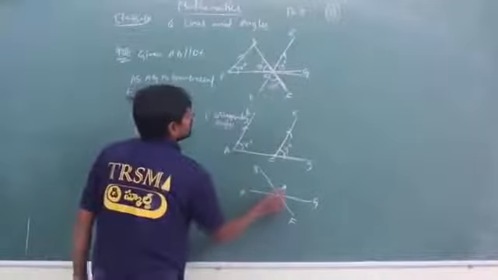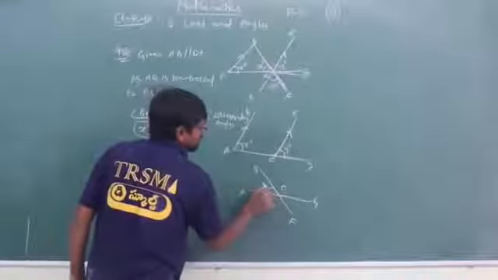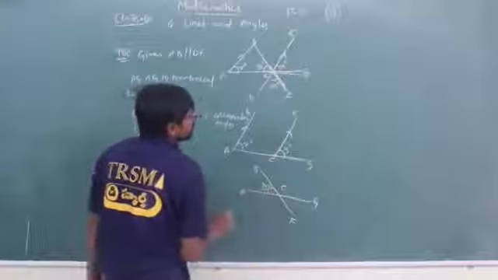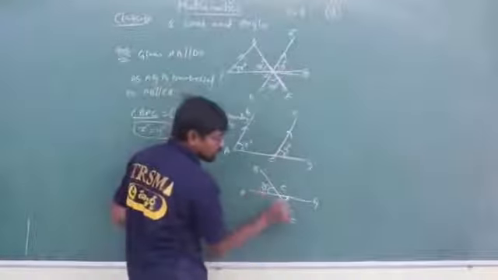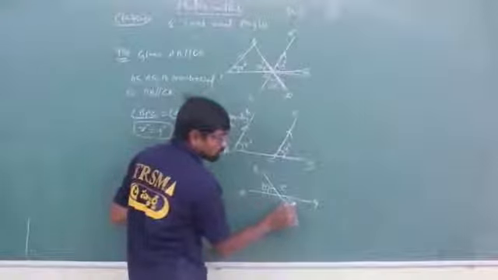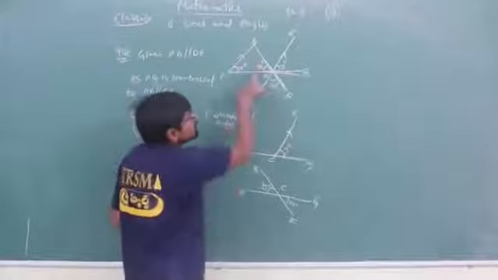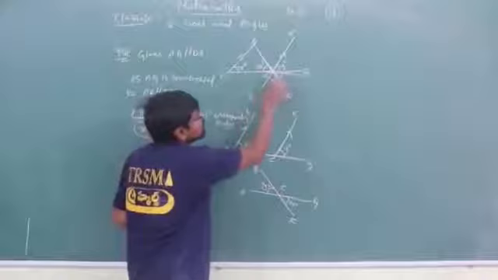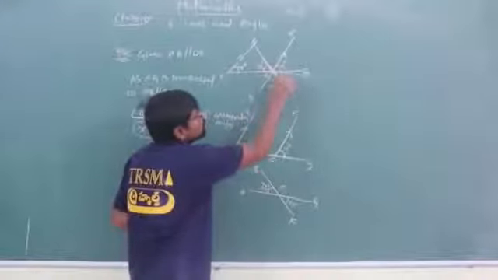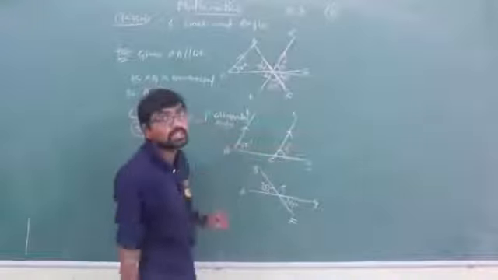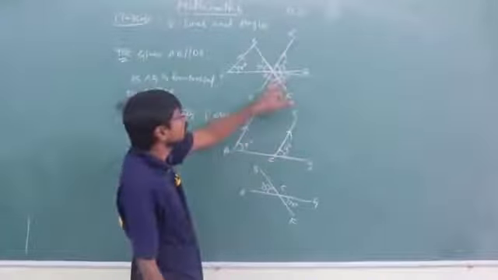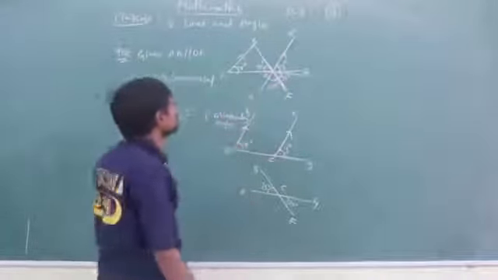Here this is C, and here we have 35 degree. It means the vertically opposite angle is also 35 degree, or not? Here this is 35, here also it is 35. Why am I taking vertically opposite angles? Because here again I am getting a straight line angle, that is 180 degree.